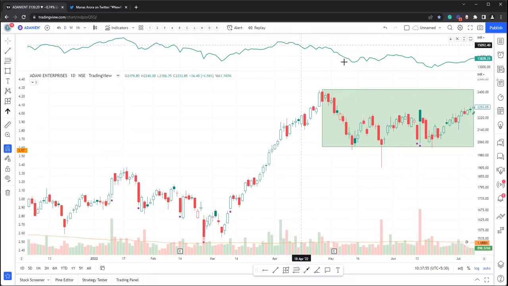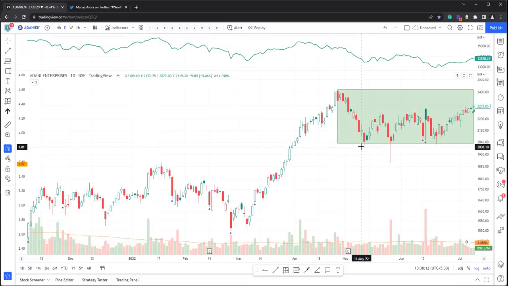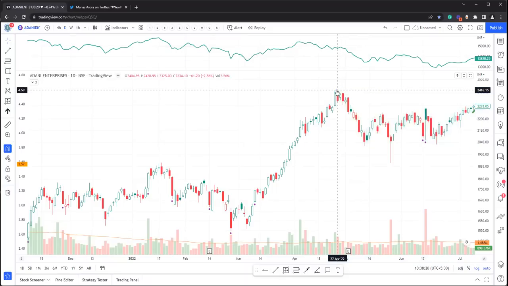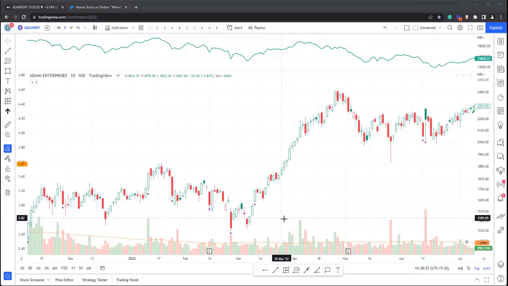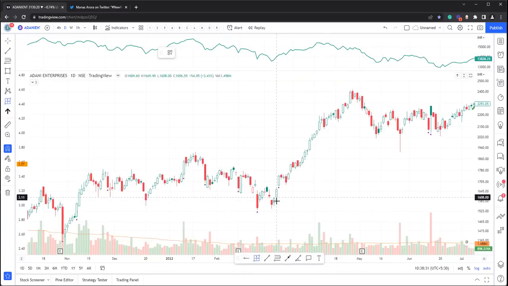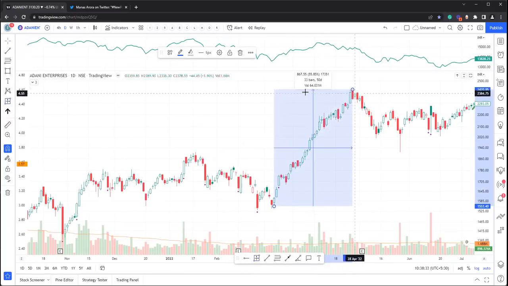When you see this 14% correction, you see how much the entire index had corrected. When the index corrects, let's say 10, usually the stocks will correct way more than the index. So in that sense, this correction was not very damaging. This was a very healthy correction, especially because it came after a 55% rise.